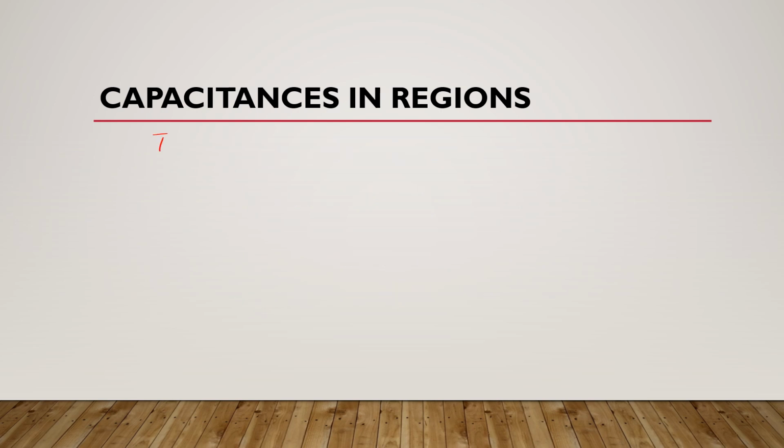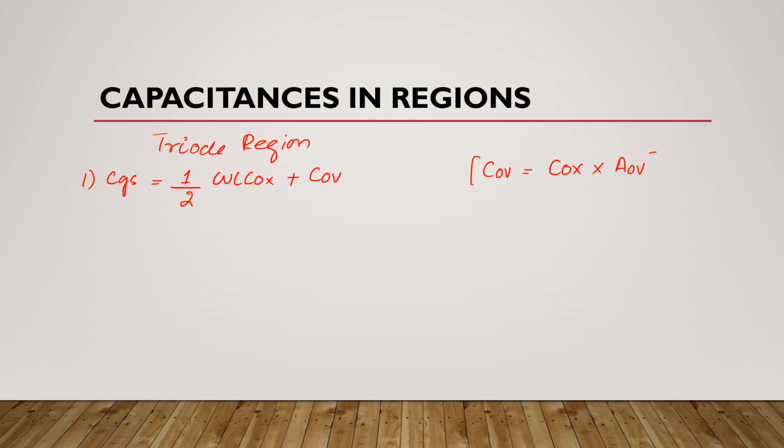Now we will understand capacitances in triode region of operation. The formula of gate to source capacitance in triode region is this, and here we have overlap capacitance. Again, this overlap capacitance is equal to capacitance of oxide layer multiplied by area of overlap. It means this formula can be written like this, plus capacitance of oxide layer multiplied by area of overlap, okay.